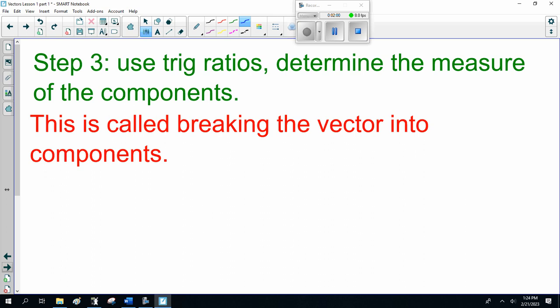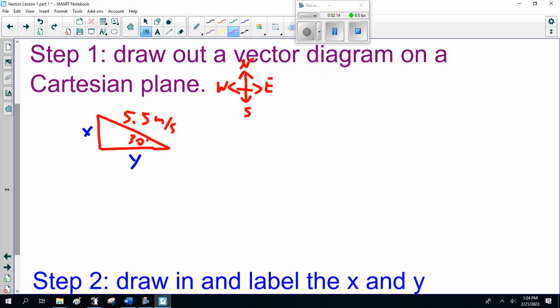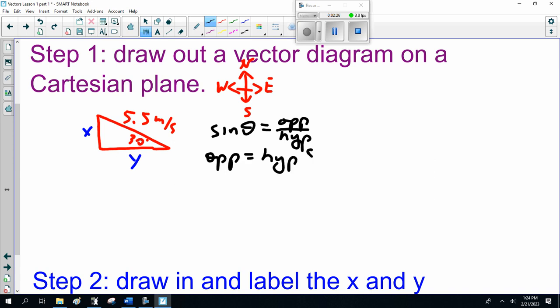So, step 3, using trig ratios, determine the measure of the components. This is called breaking the vector into components. So, back here, we have the x and the y. Sine of theta is opposite over hypotenuse, or opposite is hypotenuse times sine theta.